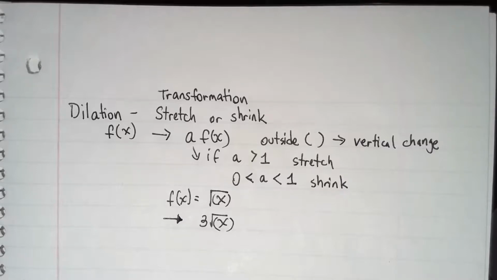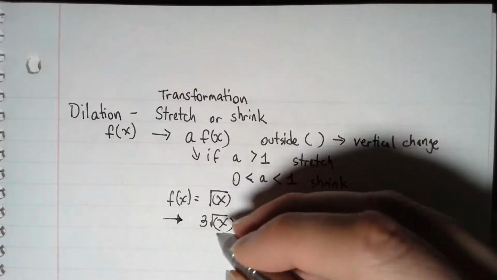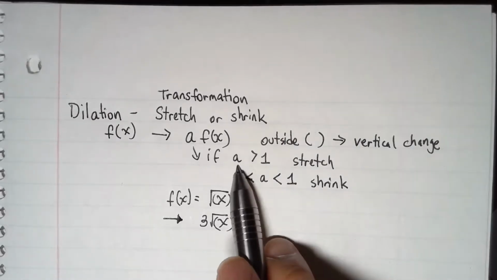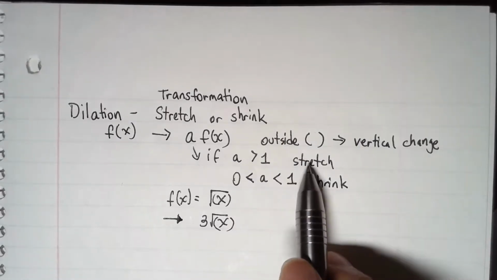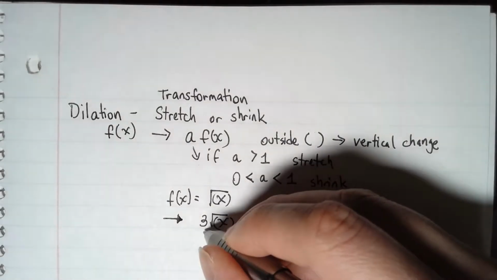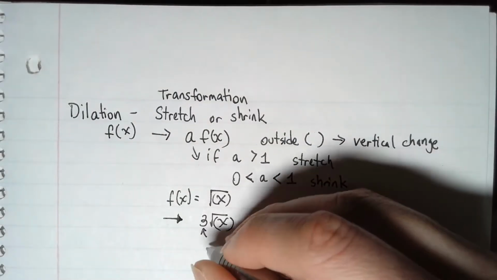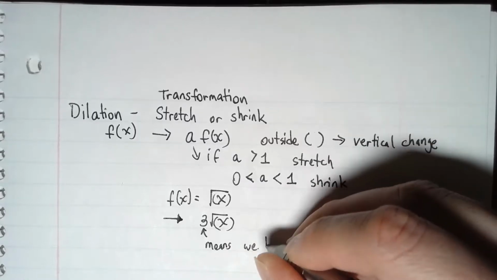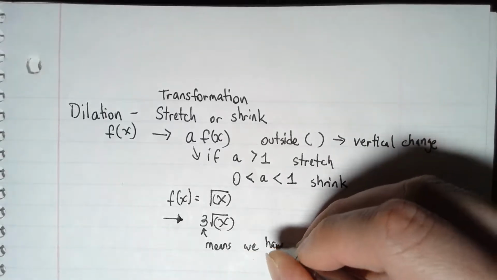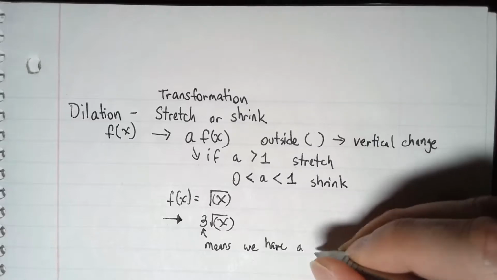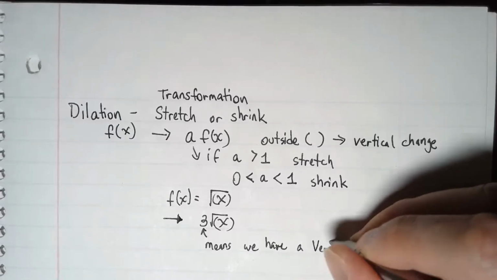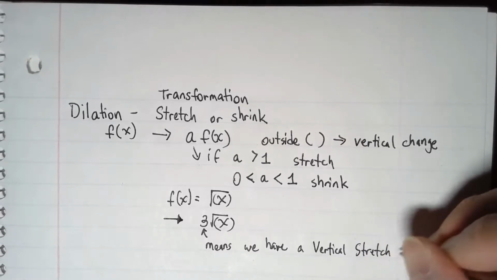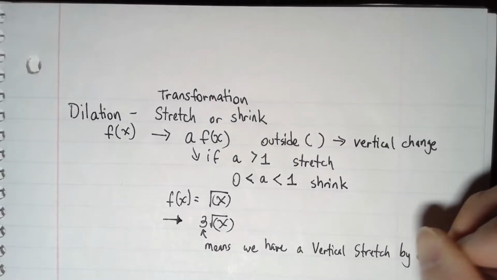Now, the only thing that we think about is what does this mean, stretch or shrink? Well, since 3 is greater than 1, I know it's a stretch. So this 3 right here means we have a vertical stretch by 3.